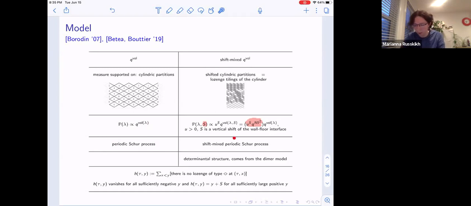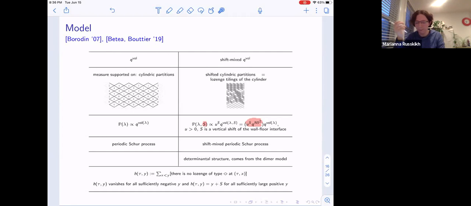And he also introduced this shift mixed periodic Schur process. One of the motivations was that this periodic Schur process allows us to study random cylindric partitions in the same way as the original Schur process introduced by Okounkov and Reshetikhin allows us to study random plane partitions.